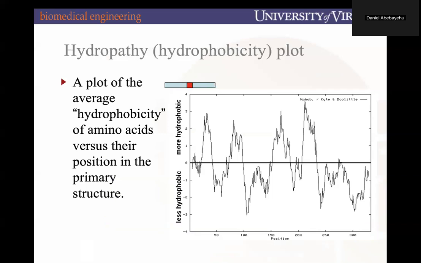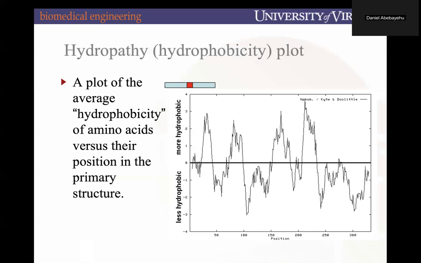What it does is it looks specifically at the primary structure of a given protein, and it's plotting the hydrophobicity, whether it's more hydrophobic or less hydrophobic, where that red box is this sweeping box.